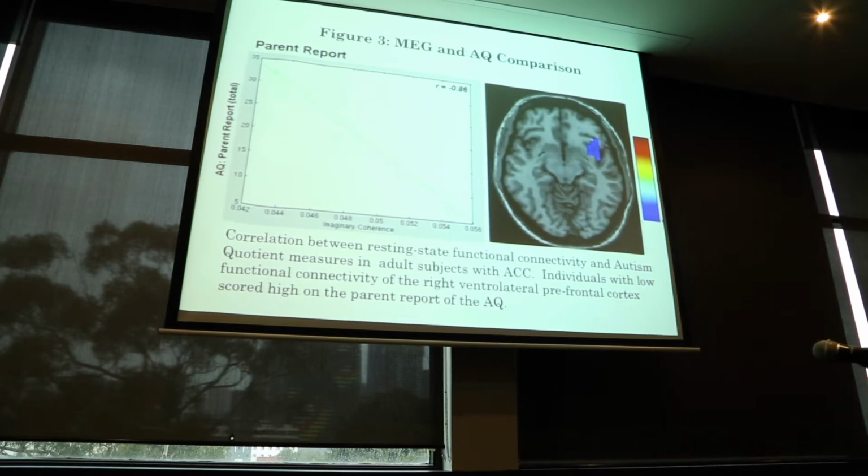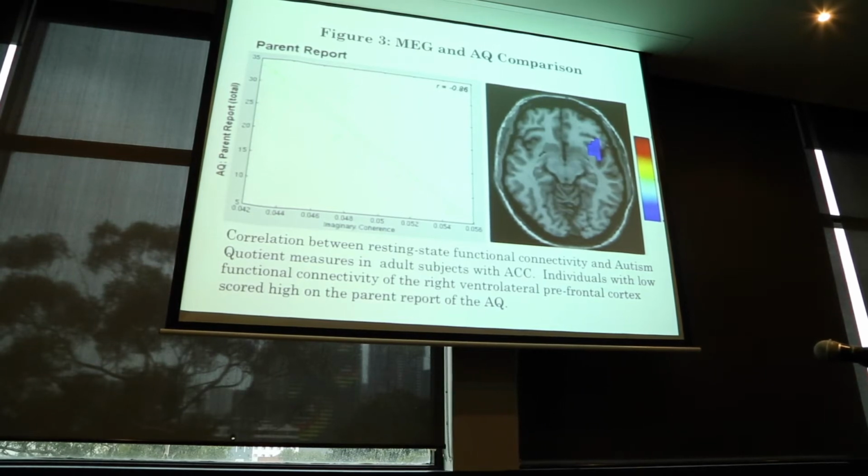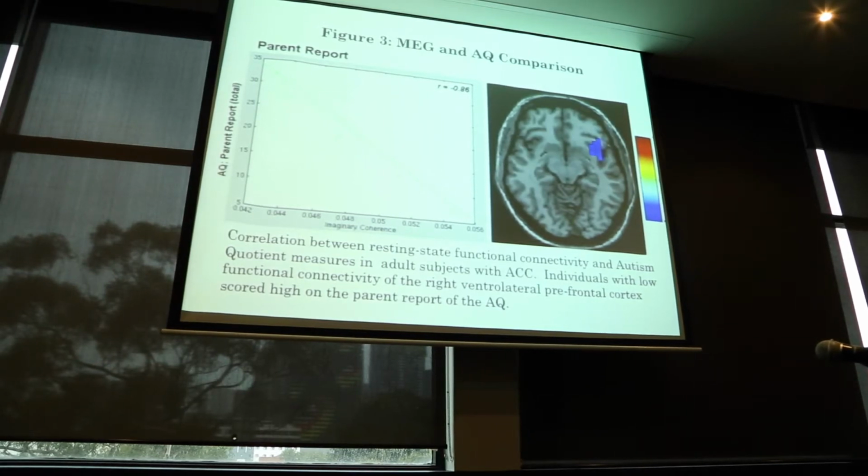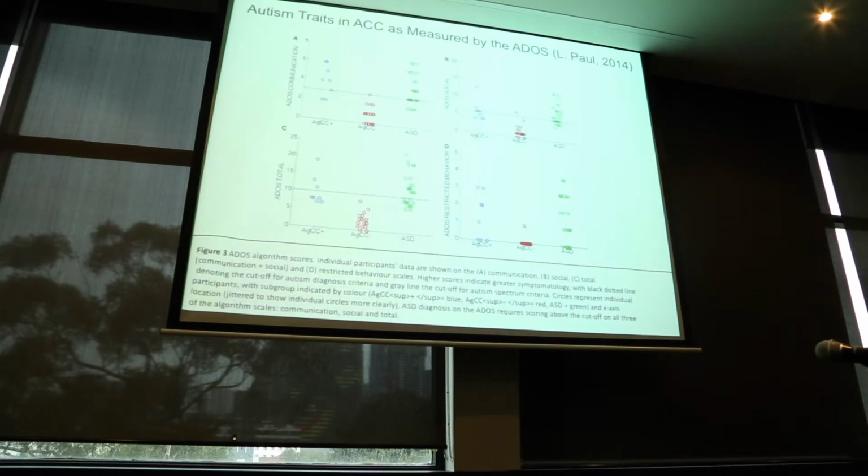And other people have found this same area, what's called the ventrolateral prefrontal cortex, as being an important area that signals for social cognition that we think is deficient in both individuals with ACC as well as individuals with what I would refer to as idiopathic autism.